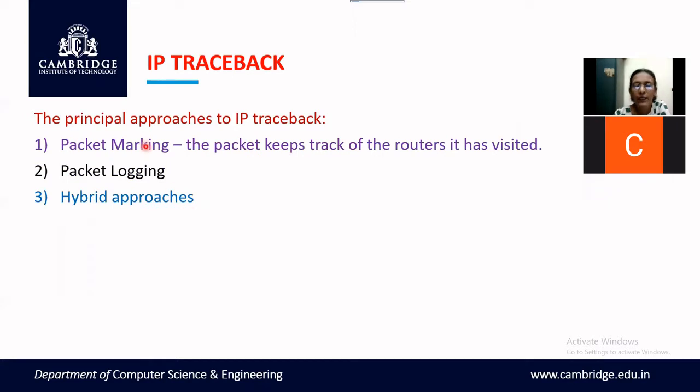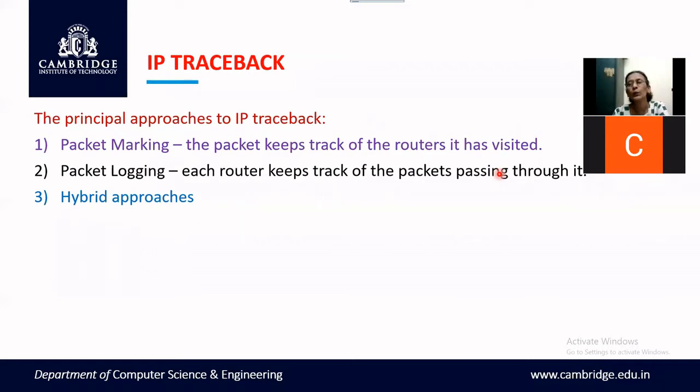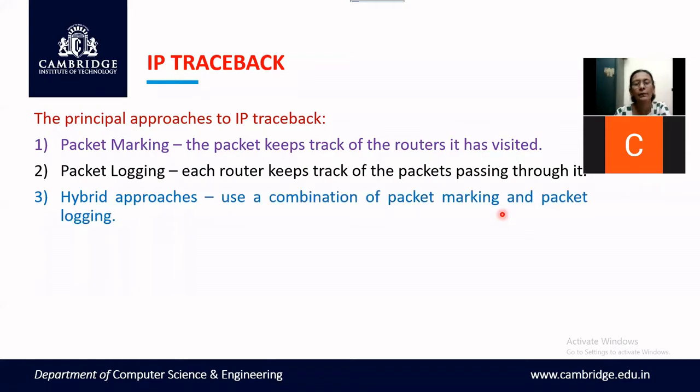In packet marking, the packet keeps track of the routers that it has visited, so every packet will have the address of the routers through which it has traveled. In packet logging, each router keeps track of the packets that are passing through it. And the hybrid approach, as the name indicates, uses a combination of packet marking and packet logging. We will see both in detail.